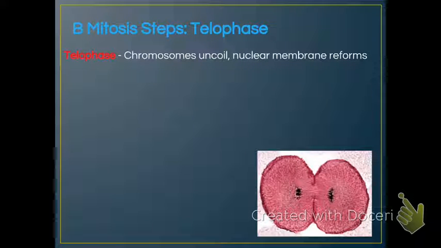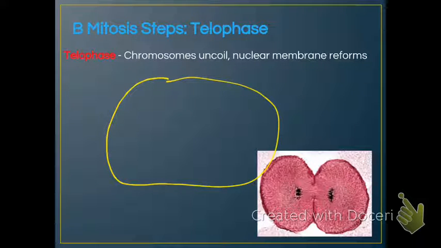All right. And then last is telophase. So what happens is the spindle fibers have brought the chromosomes to each side. So like if we had 4, actually let's make it, okay, so they brought them to two sides of the cell.